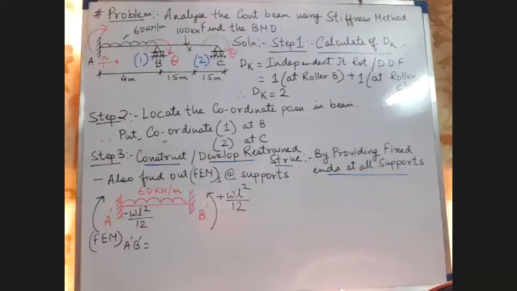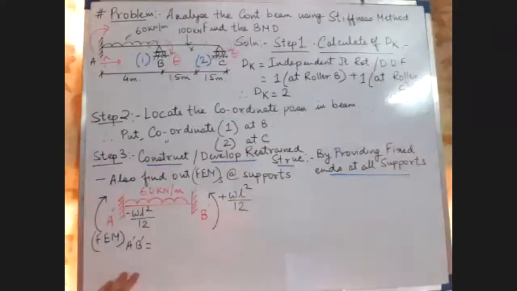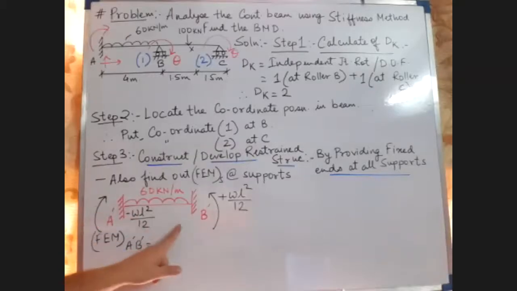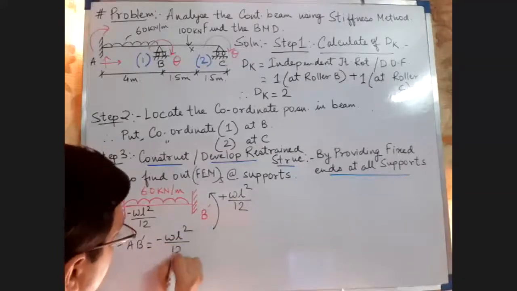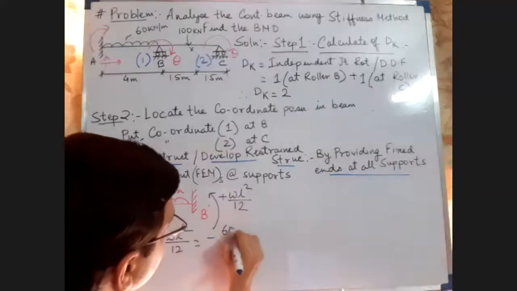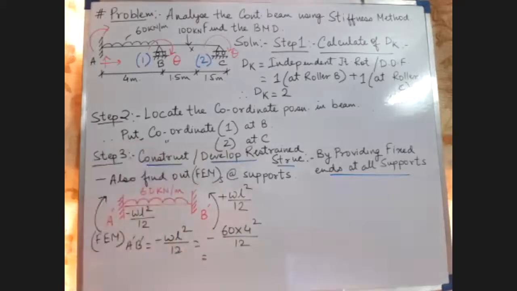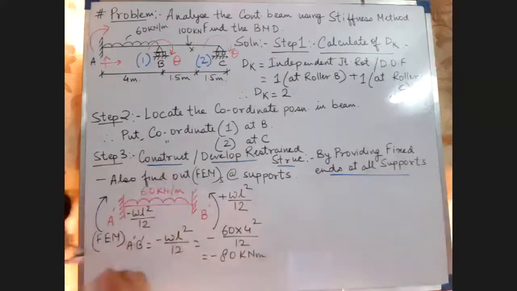Okay, thank you, Shomuji. Thank you, Siddhartha. So you know the fixed end moment, no problem. We have a chart for fixed end moments. If under UDL, the fixed end moment on the left side will be minus W L square by 12. So minus 60 into 4 square by 12, it is coming minus 80 kilonewton meter.